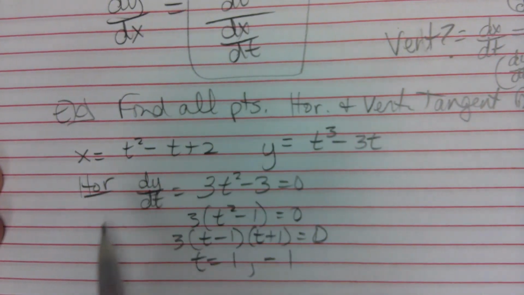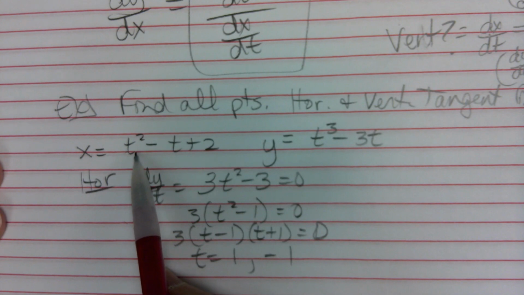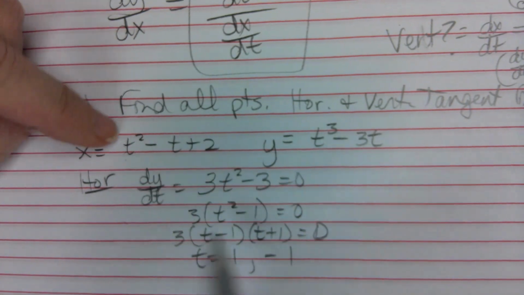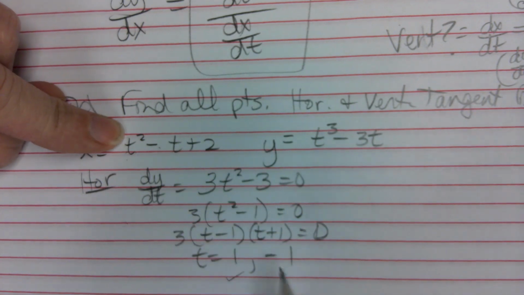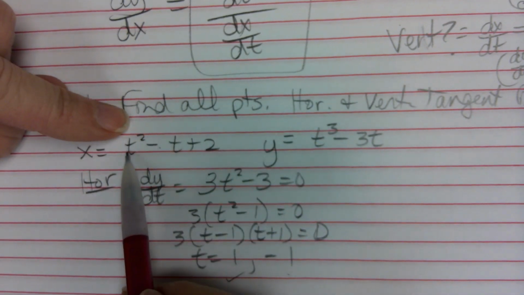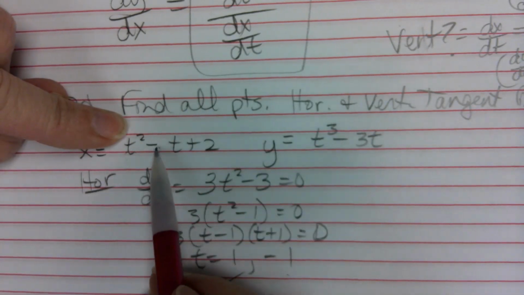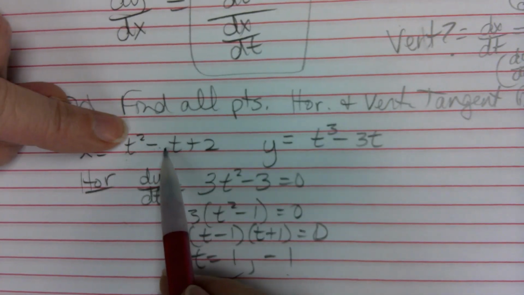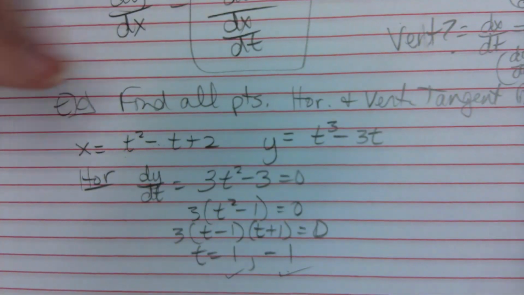We do want to make sure that dx/dt is not 0 at the same time. 1 minus 1 is 0 plus 2, 1 is okay. Negative 1 squared is 1, minus a negative 1 would be plus 2, that'd be 4. So both of those will work out.